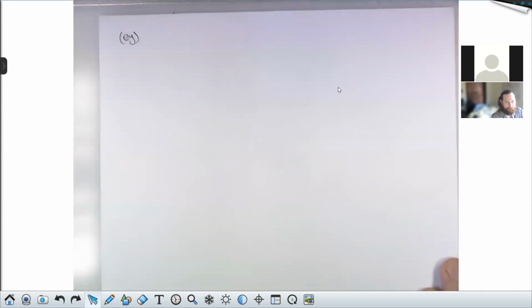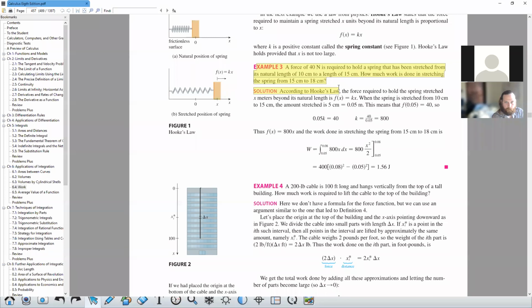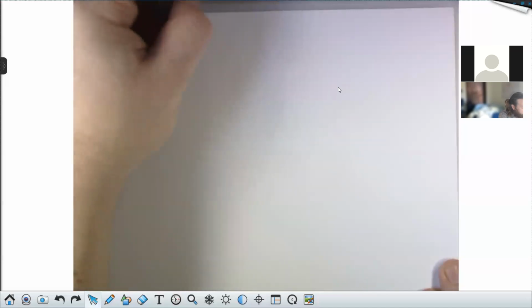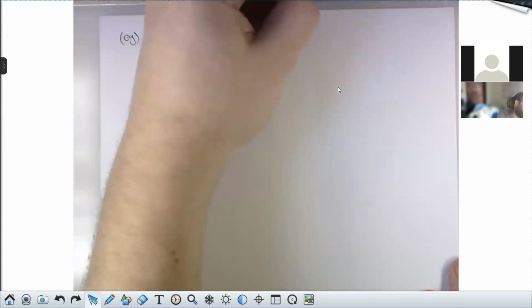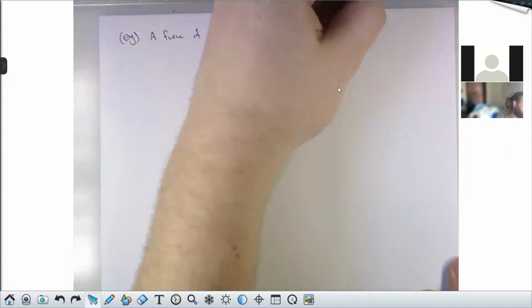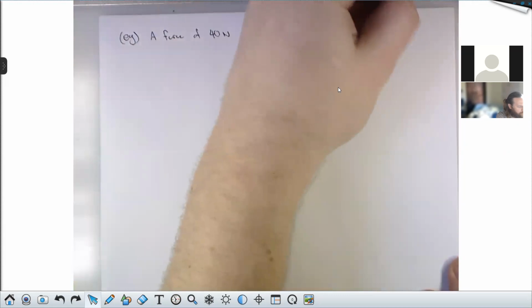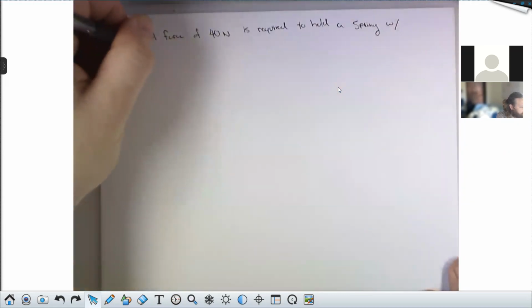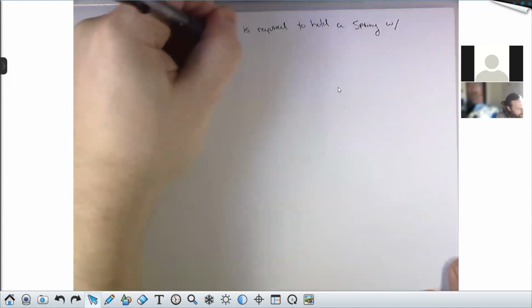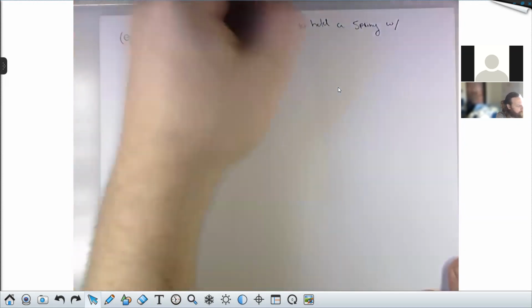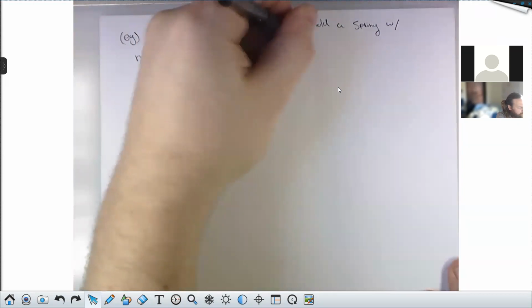So a force of 40 newtons is required not to stretch, but to hold a spring with natural length 10 centimeters at 15 centimeters.